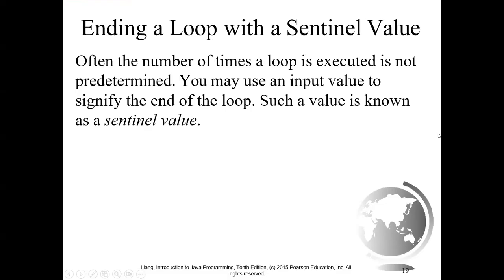So you may use such an input value to signify the end of the loop. No matter whether it is -1, or you can make it a specific value you feel comfortable with. But in practice, -1 or the character Q is used pretty often. So such a value is known as a sentinel value.